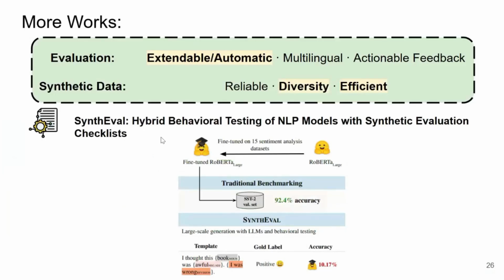That is it for that. Then I also want to introduce some other previously finished projects, because all my research is focused on these six questions, and they focus on different aspects and other domains. The first one is called SYNSI, for hybrid behavioral testing of NLP models with static data evaluation checklist. In this paper, I mainly focus on classification tasks.